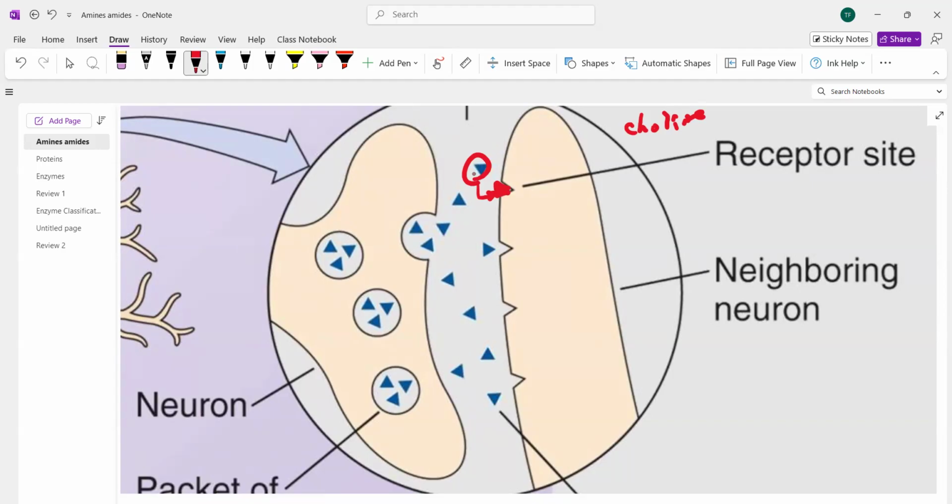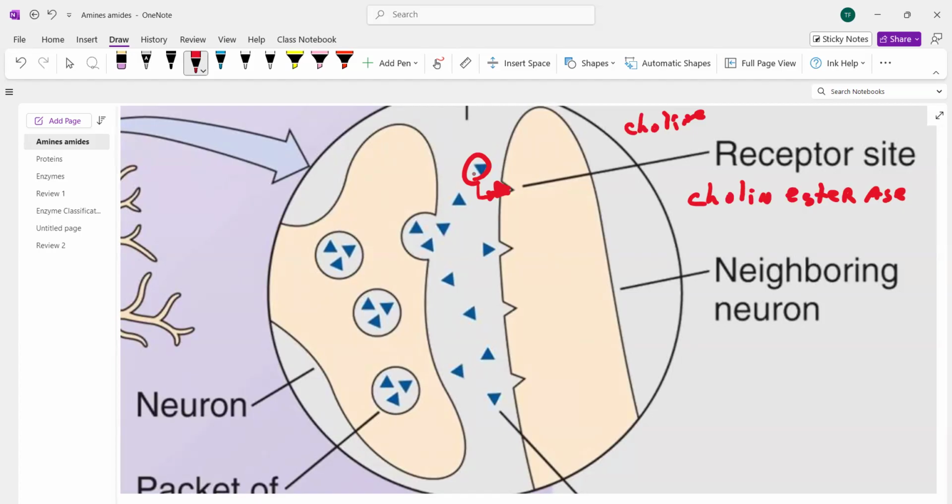Now we have to have something called an uptake enzyme. If it's choline, it's cholinesterase, like I mentioned earlier. And the cholinesterase removes choline from the receptor site.